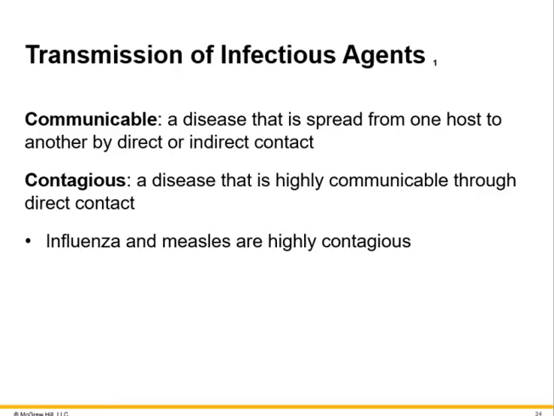So communicable, as it says, is a disease that's spread from one host to another, and that can be either through direct or indirect contact. And we'll talk about what direct and indirect contact means.